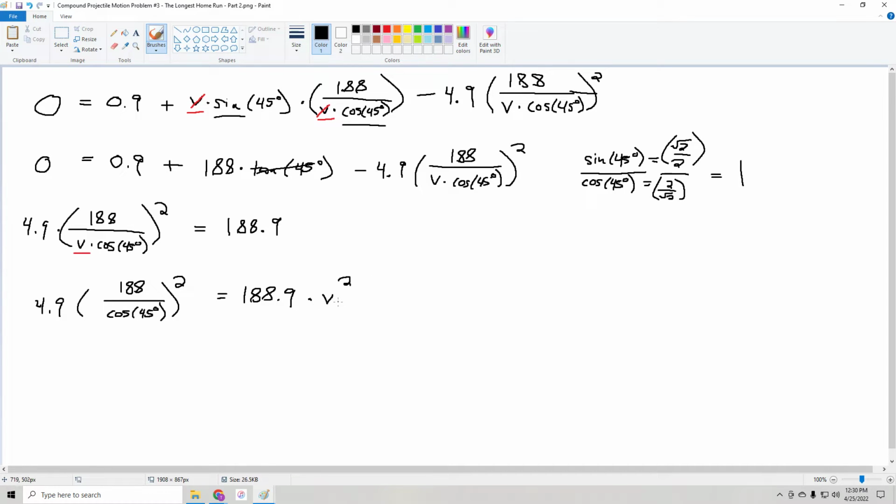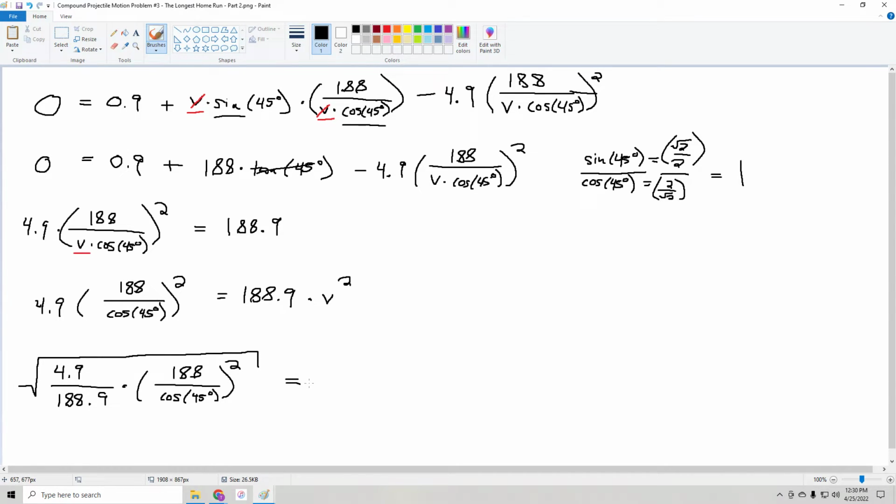So if we want to get v, we can just divide both sides by 188.9 and take the square root, and that's exactly what I'll do next. 4.9 divided by 188.9 multiplied by 188 over cosine of 45 degrees squared, square root.